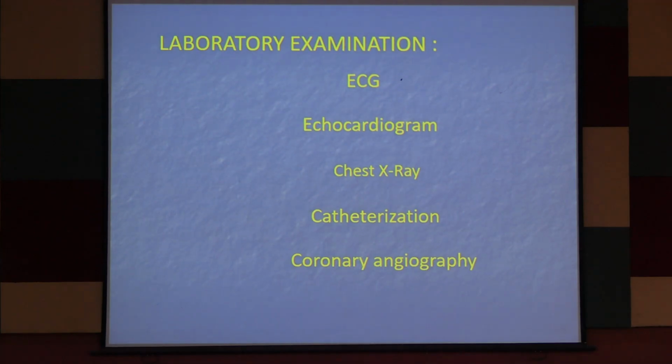Lab exam, investigations: ECG, chest X-ray, cardiac catheterization, and coronary angiography. ECG shows left ventricular hypertrophy with systolic strain, that means ST segment depression with convexity upwards.